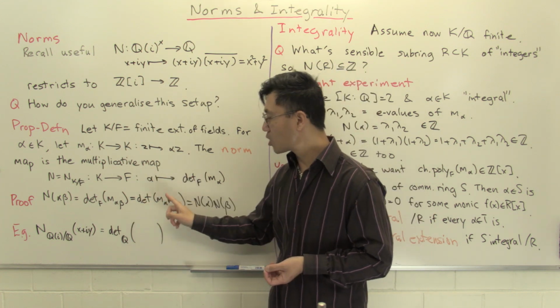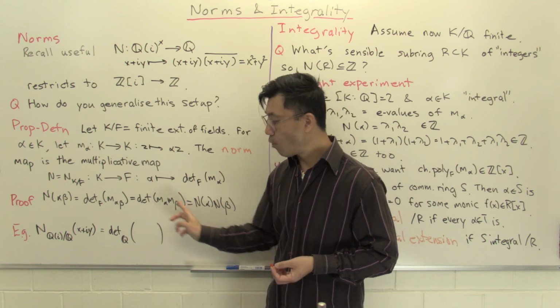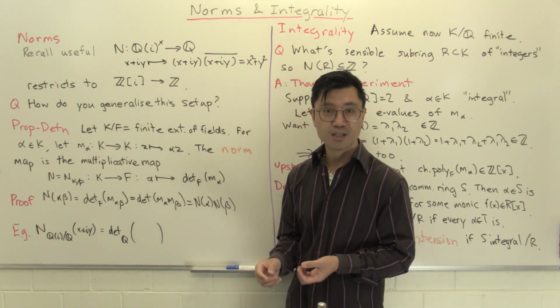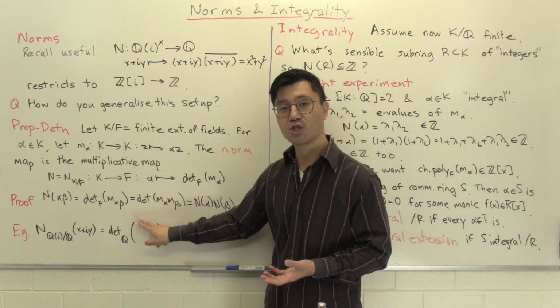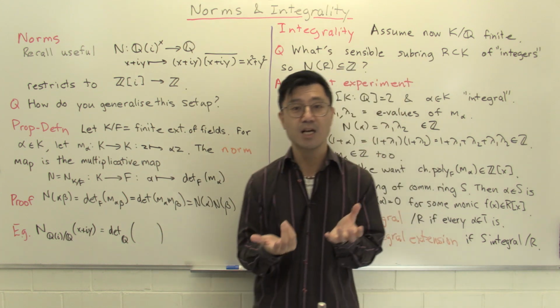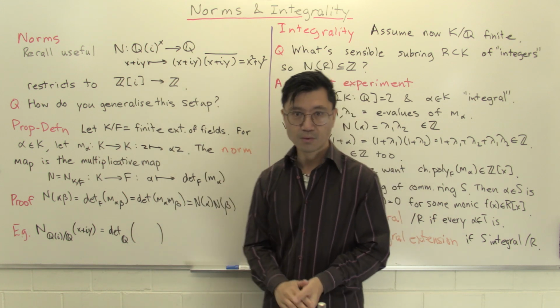So you take the determinant of this composite of linear maps. And of course, the determinant is multiplicative. That's why we used it. So this is the determinant of M alpha, which is the norm of alpha, times the determinant of M beta, which is the norm of beta. And there you have your generalization of the norm map for any finite field extension.